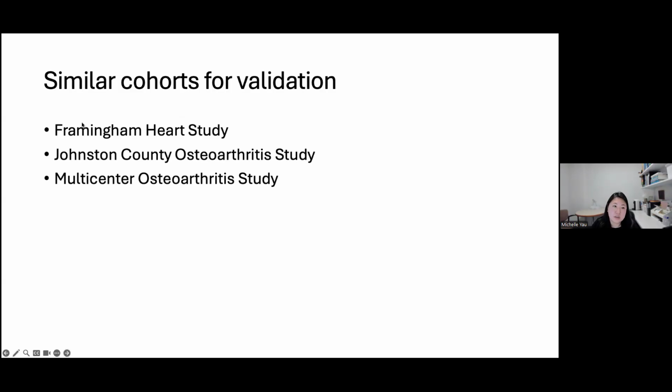Those cohorts are the Framingham Heart Study, the Johnston County Osteoarthritis Study, and also the Multicenter Osteoarthritis Study. I just named a few, but I think there are a few more. But if you're looking at North American-based OA cohorts, these would be the primary three, I think.